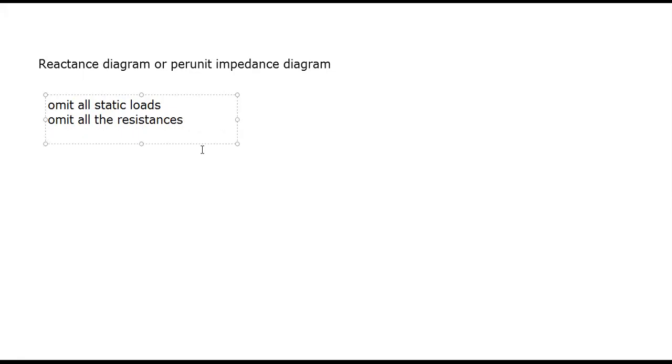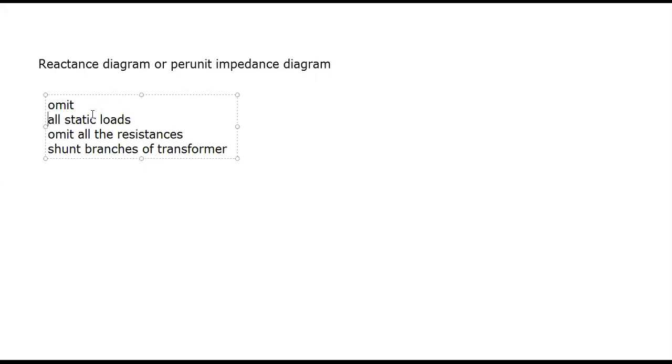So all the shunt branches of transformers, we are omitting all these cases. Now you see: omit all static loads, omit all the resistances, omit the shunt branches of a transformer, and the capacitors in transmission lines.